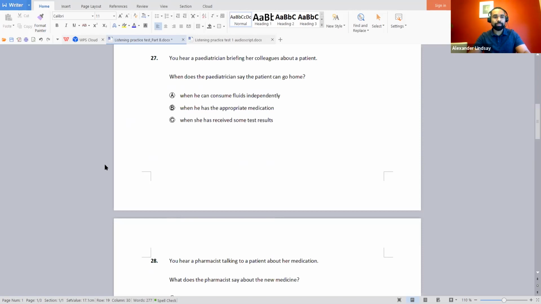Question 27. You hear a pediatrician briefing her colleagues about a patient. Now read the question. Mark is a previously healthy 9-year-old boy who came in 3 days ago with pain on urination and some fever, and then yesterday developed nausea and vomiting and was really unable to keep anything down.